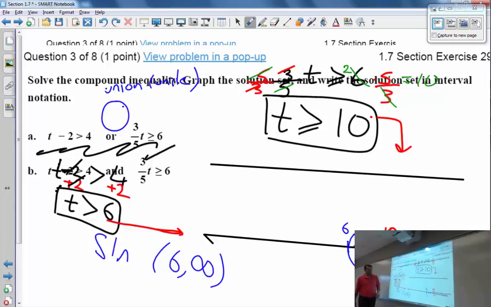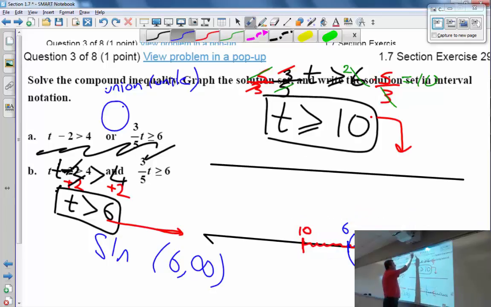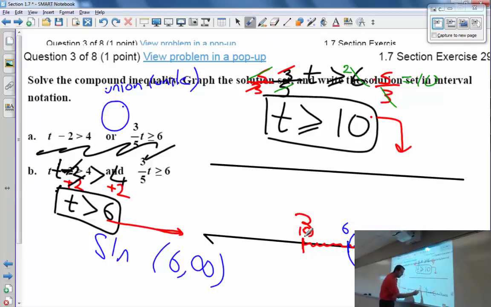Alright, what if I have another scenario? What if this wasn't 10? What if this was starting, it was starting like this, and this was, let's say, 3.